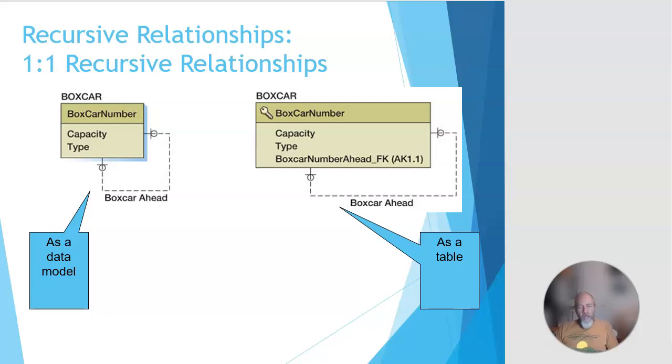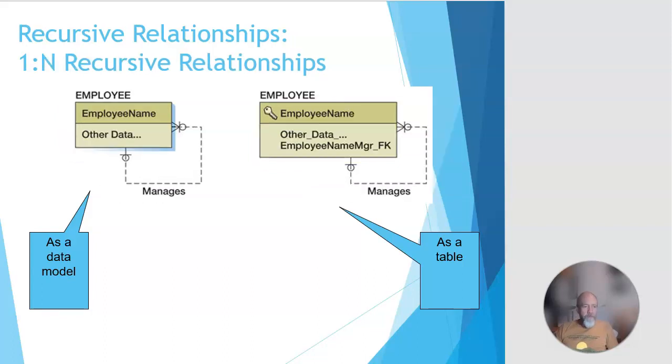So boxcar number ahead has to be a boxcar. It's not the same boxcar. You don't put yourself in there. It allows that boxcar to point to another boxcar. Remember, it's a row pointing to another row. The representation of this as a recursive relationship is just a loop back to the same table.